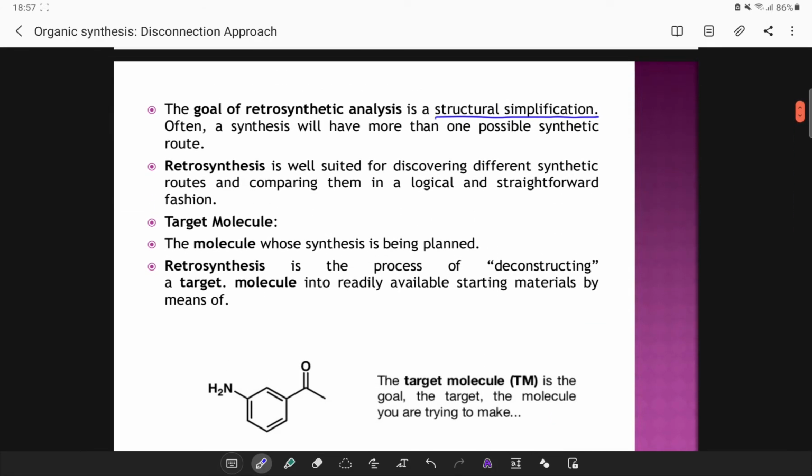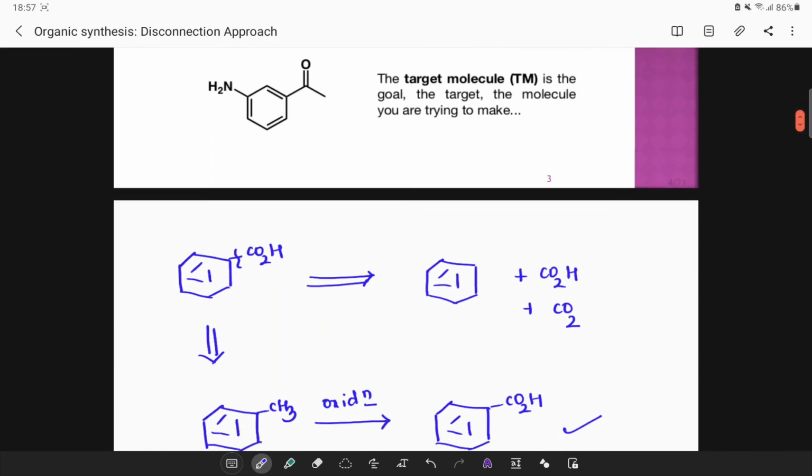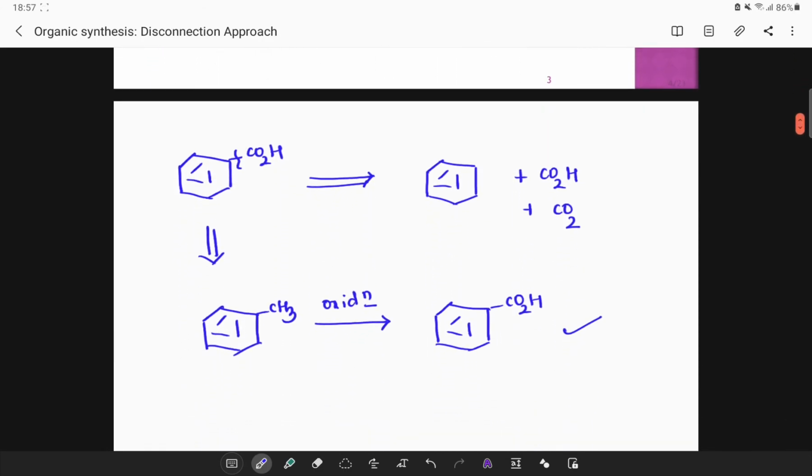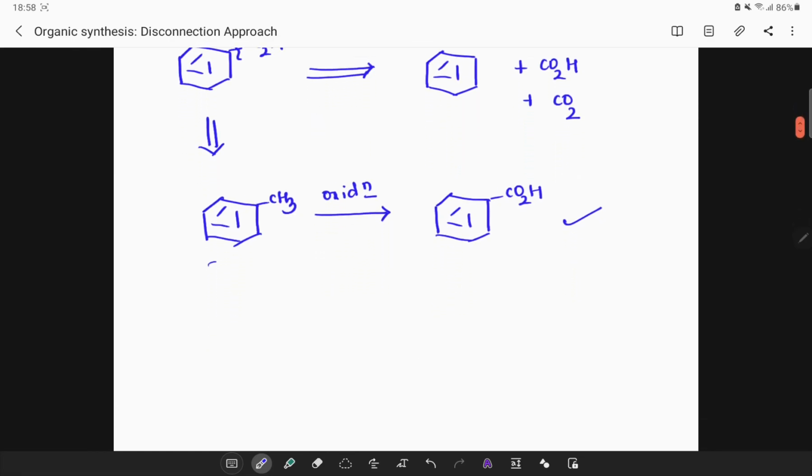Retrosynthesis is well suited for discovering different synthetic routes and comparing them in a logical and straightforward fashion. Just now I told you about this. That is, I can react benzene plus carbon dioxide to get my benzoic acid, or a more feasible way would be reacting the toluene and then oxidizing the toluene to get a benzoic acid system.